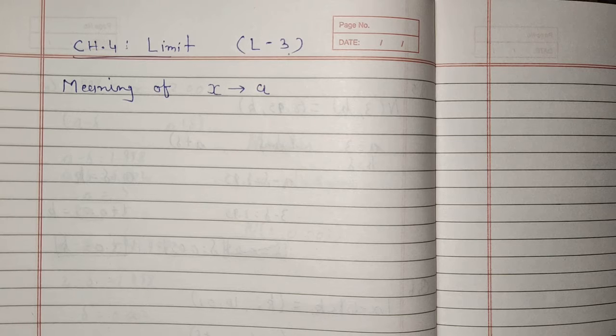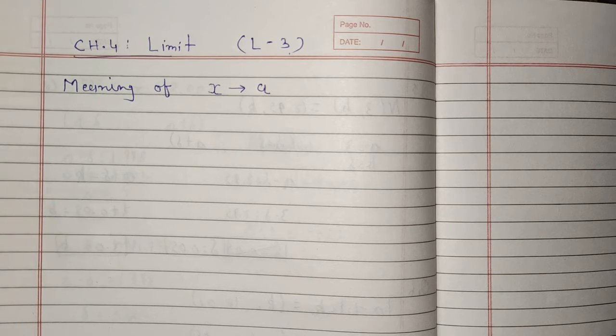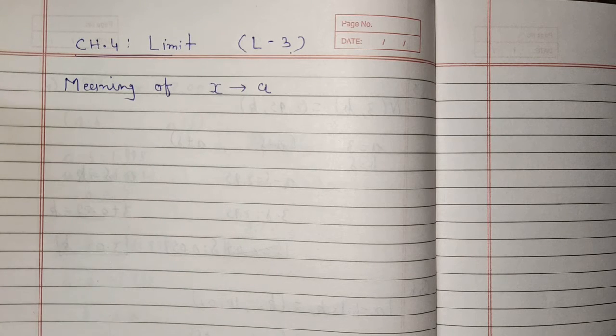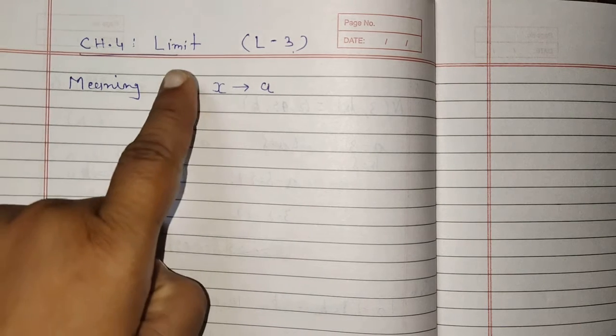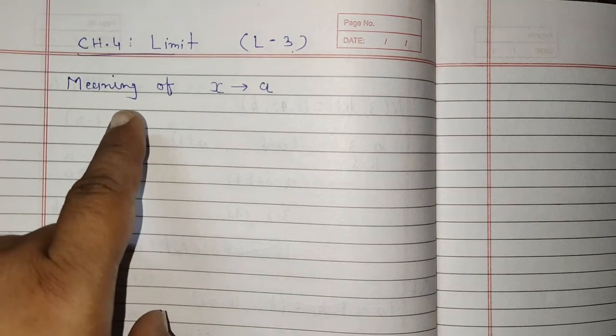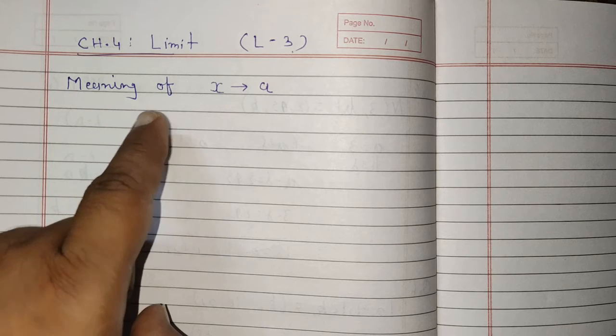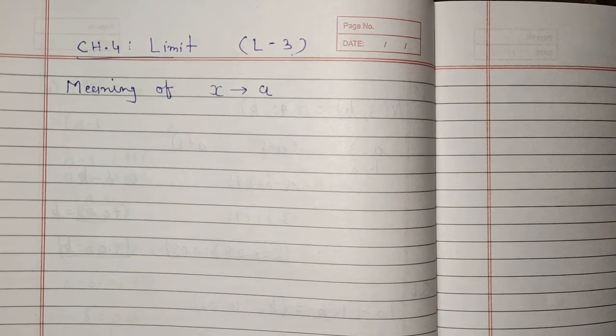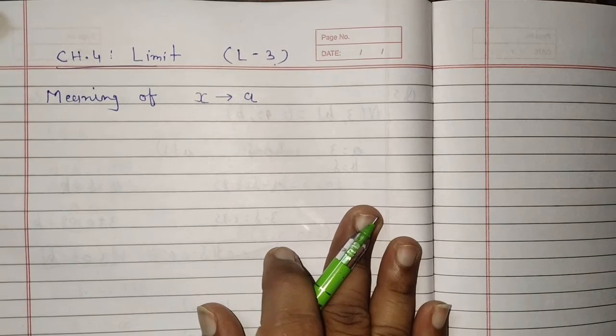We'll discuss in our first lecture that for any indeterminate functions, to find the value of that function with the help of limit, we first of all require the knowledge of x tends to a. Now we'll discuss x tends to a.